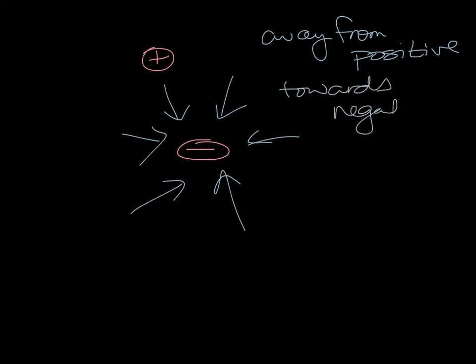And they are vectors, okay? Because this is the direction of the electric force, and force is a vector, so this is a vector quantity still. So we need to take into account that this is going to have vector addition. We're going to find that when we put a positive next to a negative, then the electric field lines are going to go from the positive to the negative.